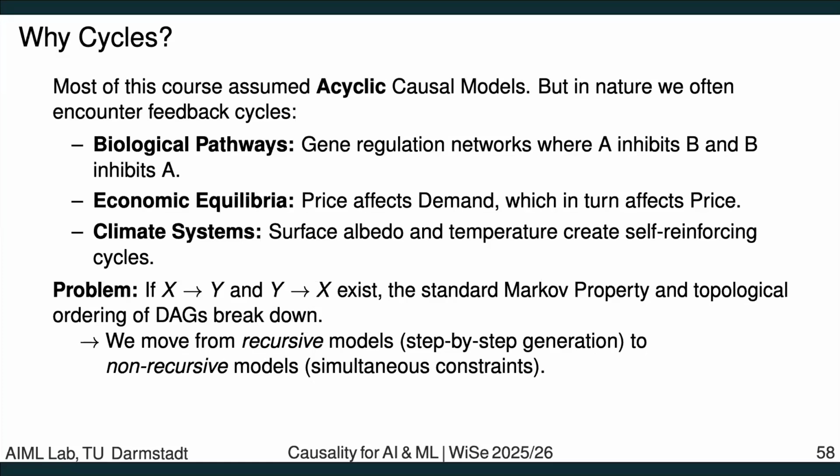Also, in terms of sampling from these models, it gets more tricky, because before we could sample from our exogenous noise and then go step by step. Now we need to find some configuration of X and Y that agrees with both of these equations. So basically, we have an equation system that we need to solve.